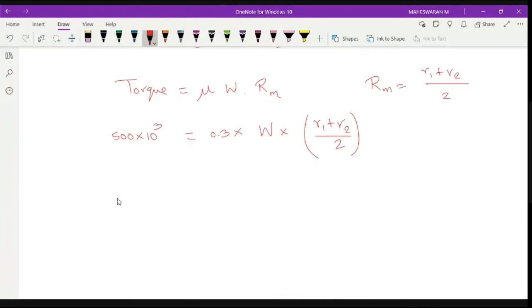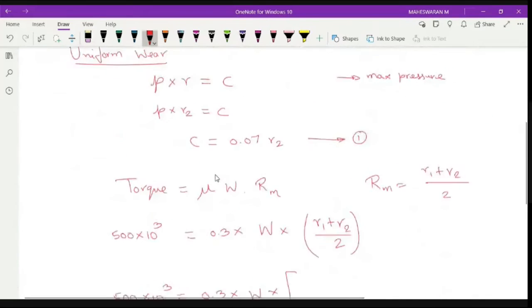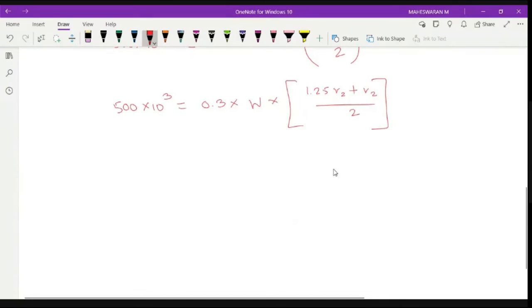So we'll get 500 into 10 power 3 is equal to 0.3 into W into R1, where R1 is 1.25 times R2, so I'll write 1.25 R2 plus R2 divided by 2. What you are getting in terms of W and R2?